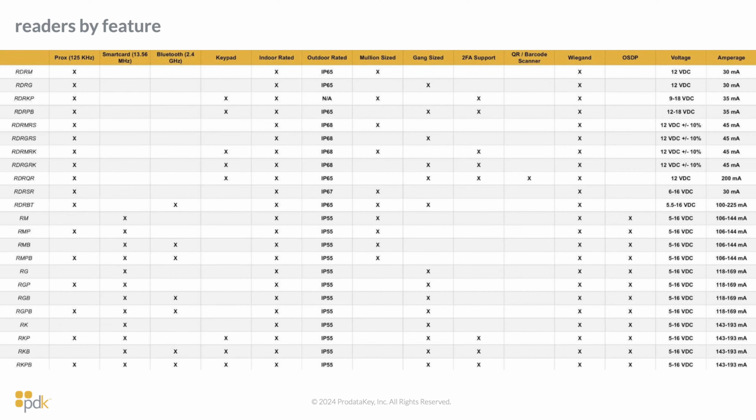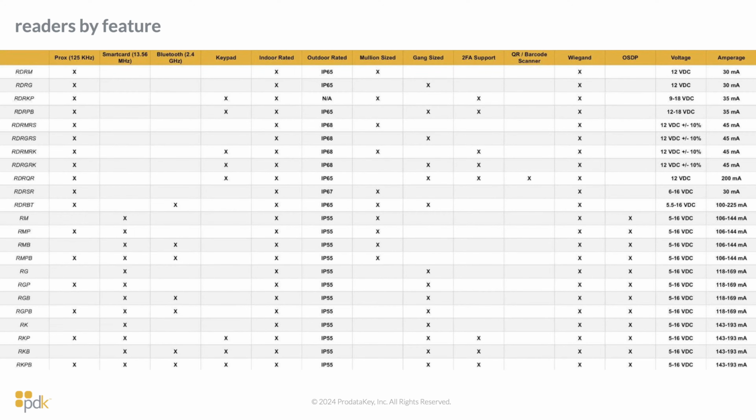So, for example, the red mullion, the RM, that is all of these red readers come with high security. So the RM is simply a high security mullion style reader. You can see beneath that we have the RMP. So that is a red mullion with prox. That P stands for prox. So that just means that not only do we have the high security, we also have prox capabilities.